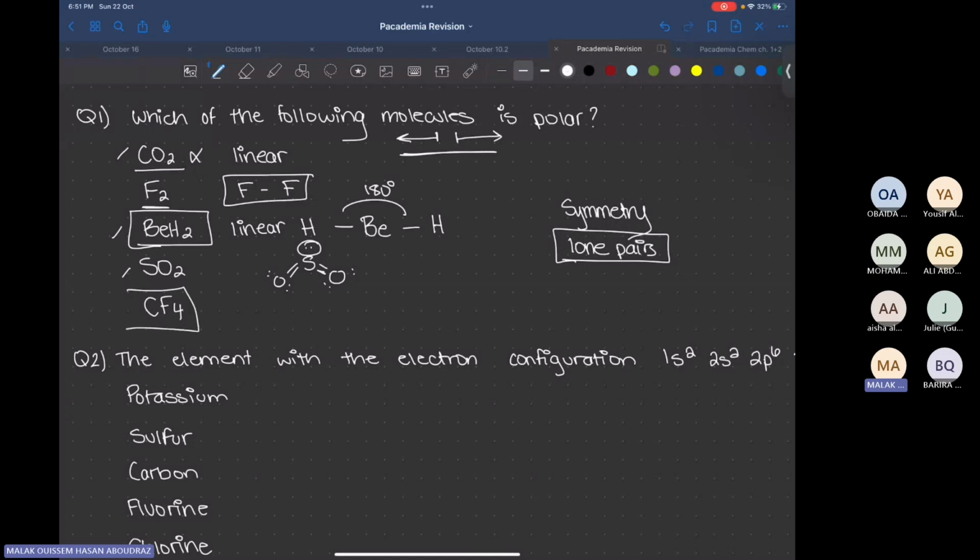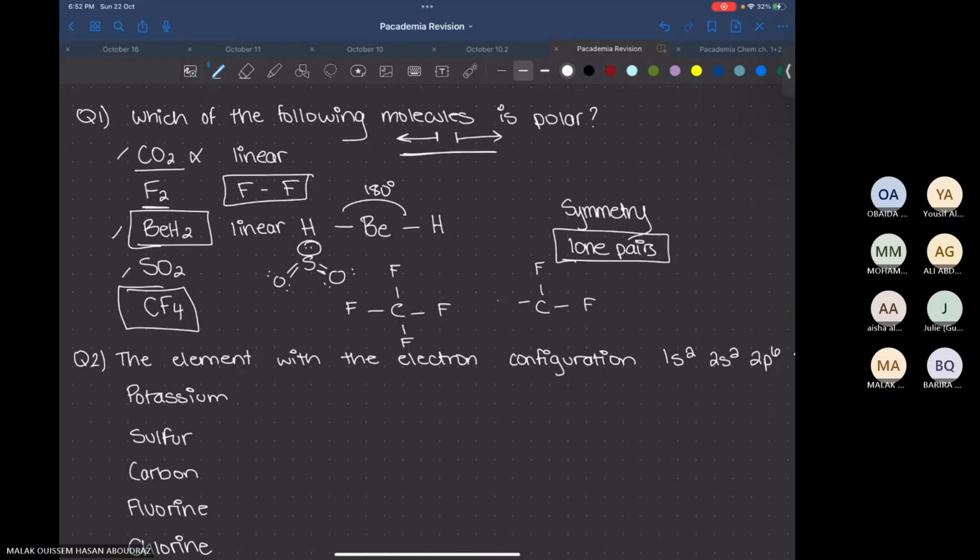Yes. Okay, now for the symmetry part, we're going to talk about CF4. It's obviously tetrahedral, right? So if it's tetrahedral, is it going to be polar or non-polar? Non-polar, because everything cancels out, right?